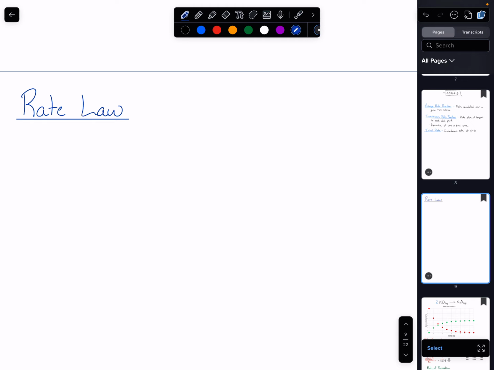Step one when we're doing a kinetics experiment is to get that concentration versus time information. Now we're talking about rate law. This is a different concept. This tells us how the rate of the reaction changes as a function of reactant concentration.